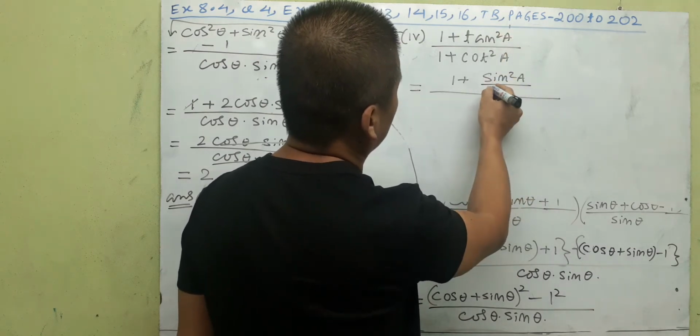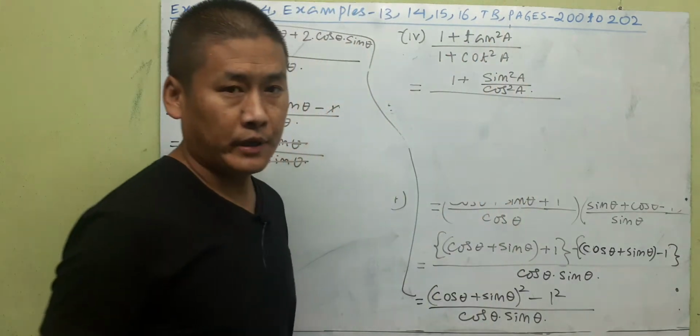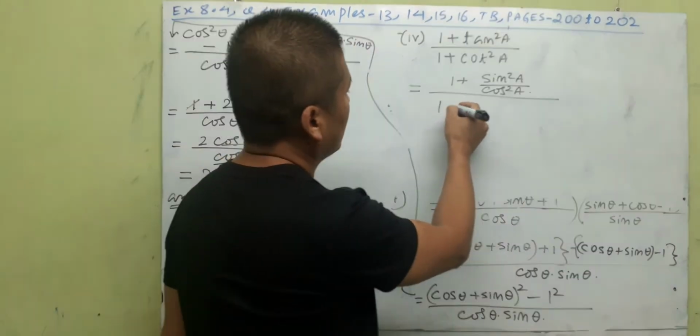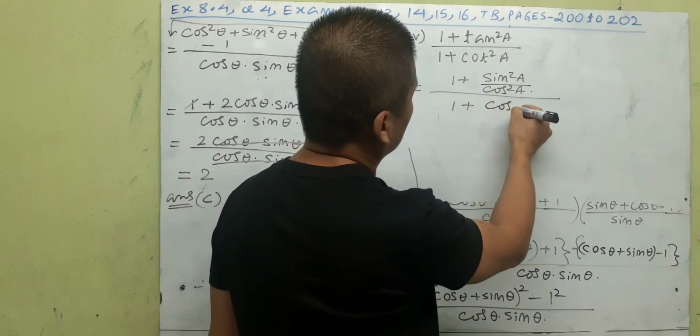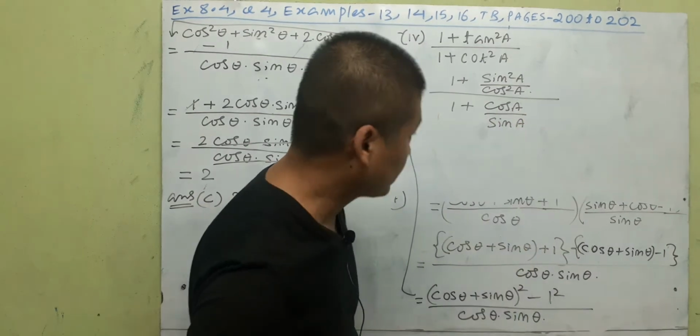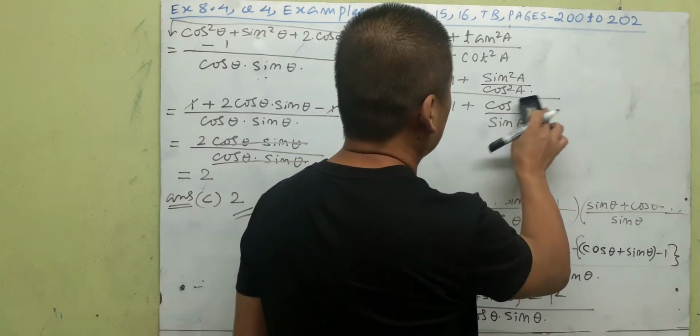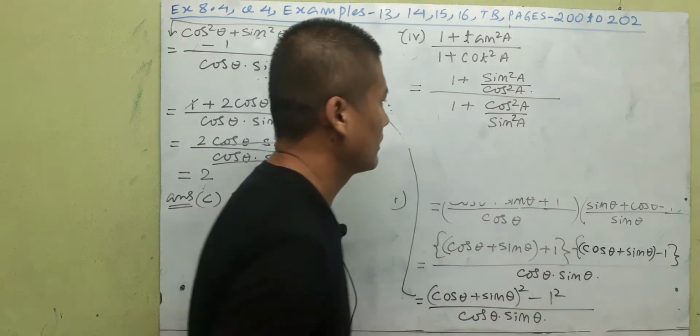Tan A is sine A by cos A, so tan square A will be sine square A by cos square A. By the same logic, cot A is cos A by sine A, so cot square A will be cos square A by sine square A.